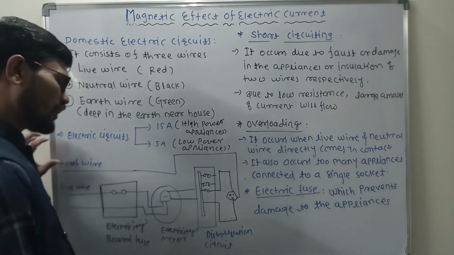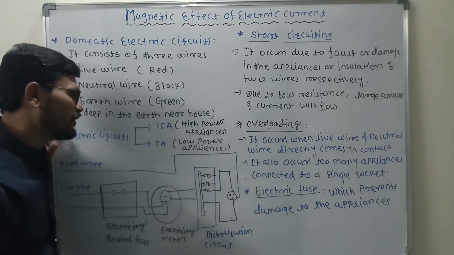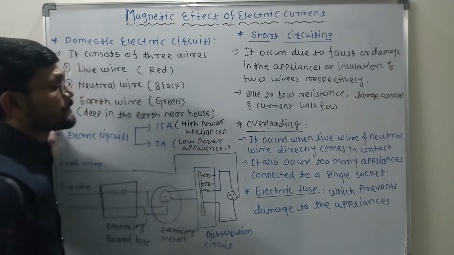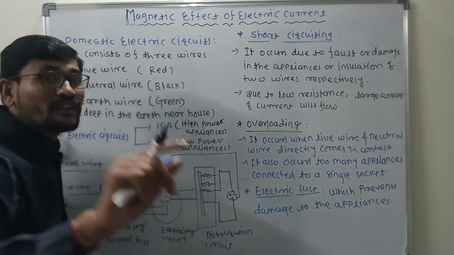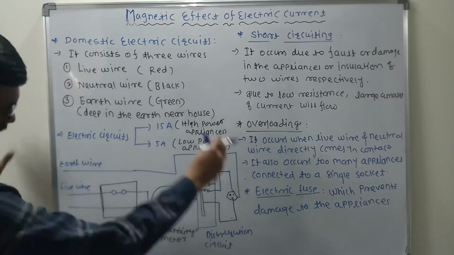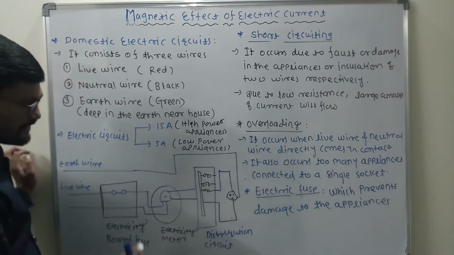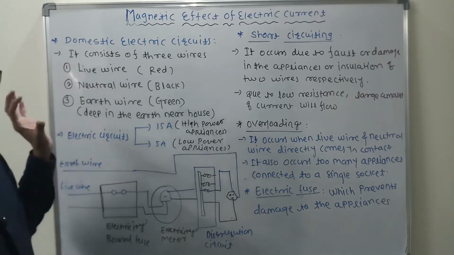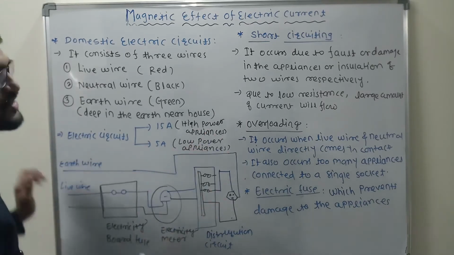So there are two types of circuits: 15 ampere and 5 ampere. 5 ampere is used for low power appliances and 15 ampere for high power appliances. Clear? This is how electricity is distributed in our house, the structure of the domestic electric circuit.